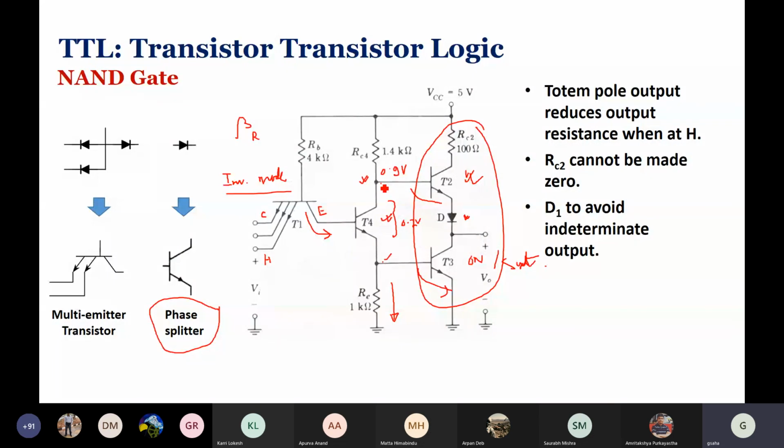So that's why it is called phase splitter, and this is an additional thing which helps in the power consumption, that during static condition, within the circuit itself, whatever current it requires to drive the load is a separate issue altogether. But during normal operation, the power dissipation within the circuit is very low as long as this output low resistance path is there.